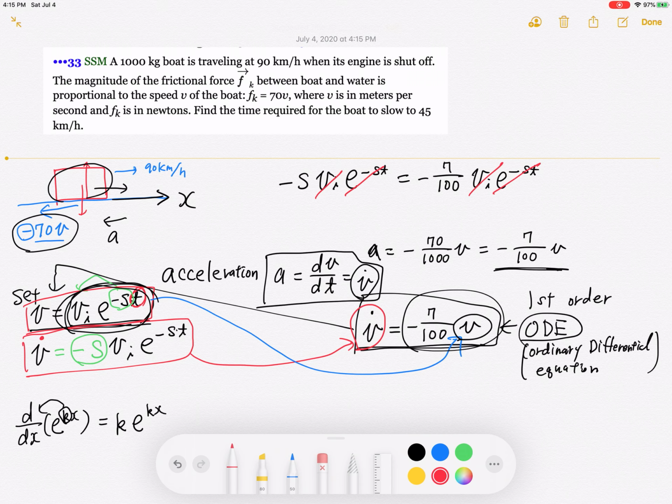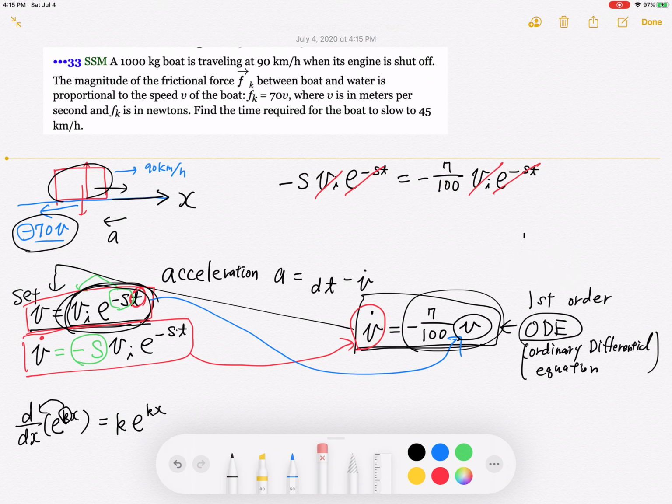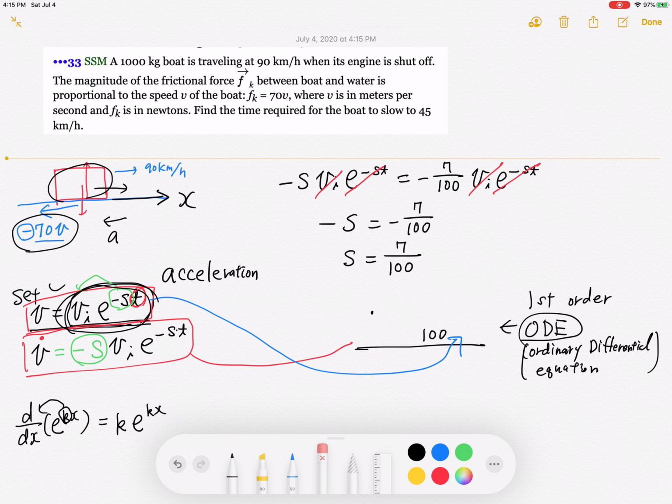Because you can divide through both sides. So what we end up getting is that negative s equals negative 7 over 100. So we've found the value of s, 7 over 100.